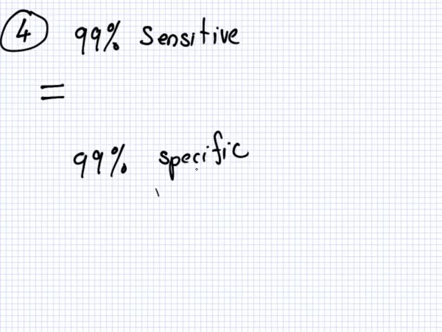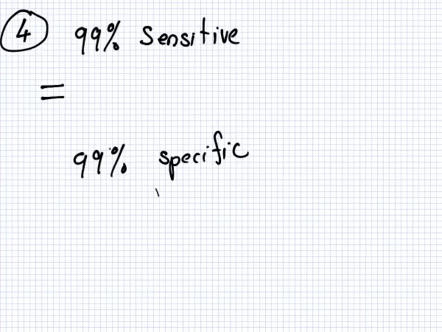If we say a drug test is 99% sensitive, that means that if the person is a drug user, 99% of the time it will say they're a drug user.